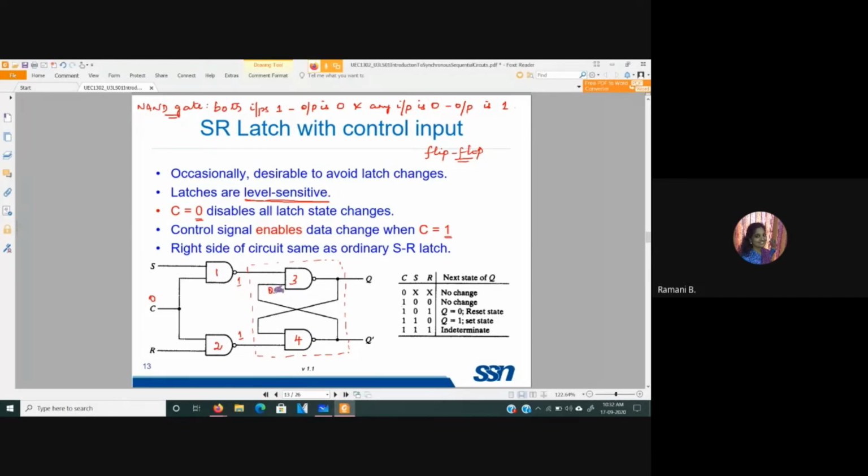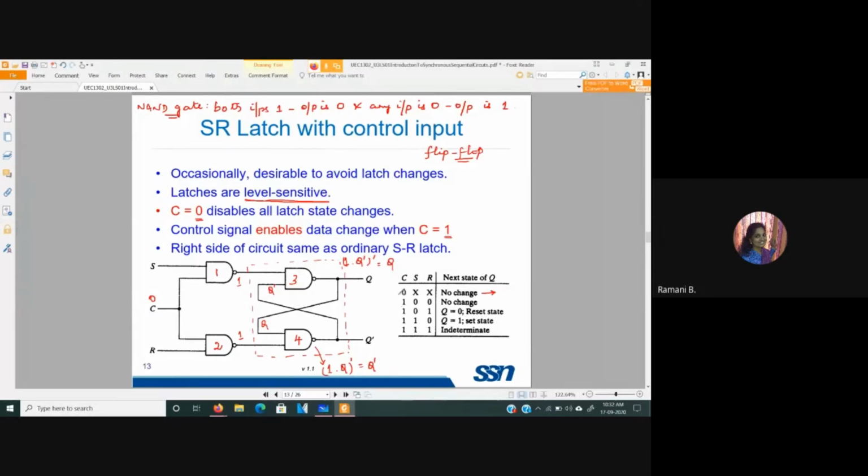This is going to be Q bar and this is going to be Q. So the NAND operation implies you are going to have here (1 dot Q) the whole bar, which is nothing but Q bar, and here it is (1 dot Q bar) the whole bar, which is nothing but Q, right? That is what is mentioned in this particular line.